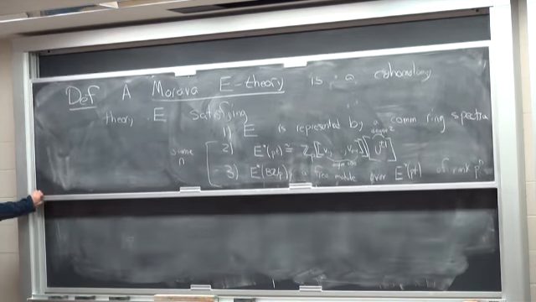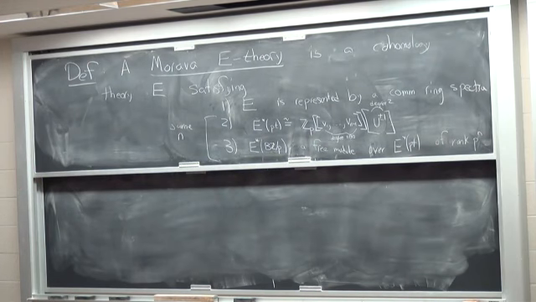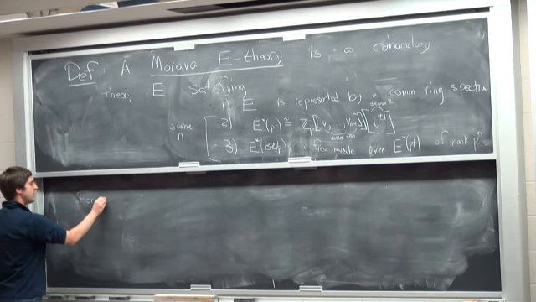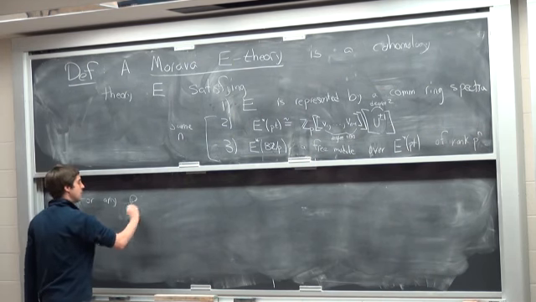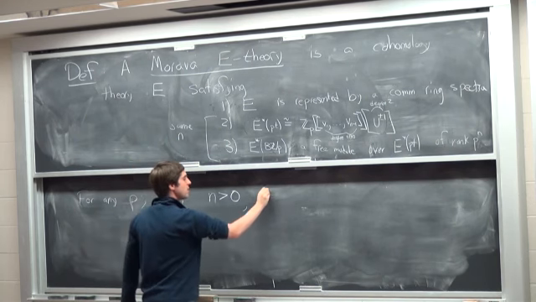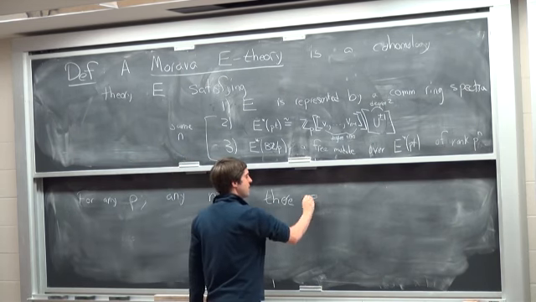So if you're not a stable homotopy theorist, this is probably not a familiar definition to you, and I will sympathize if this seems sort of random. But let me mention, for any prime number p and any integer n greater than 0, there exists a Morava E-theory.